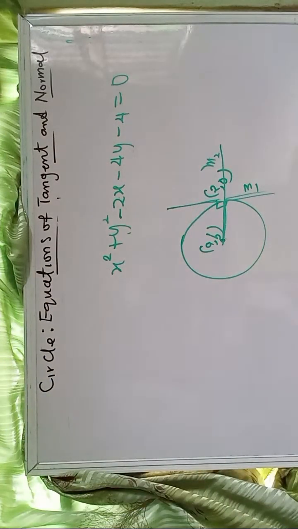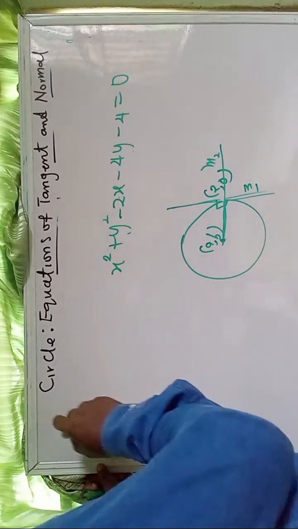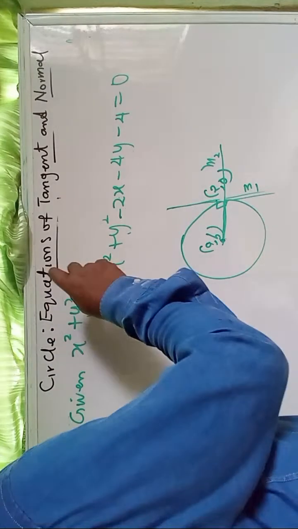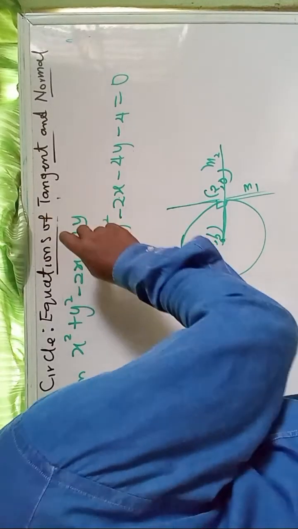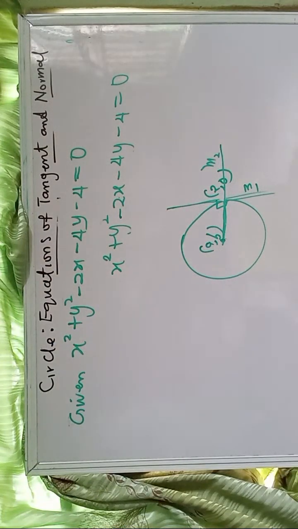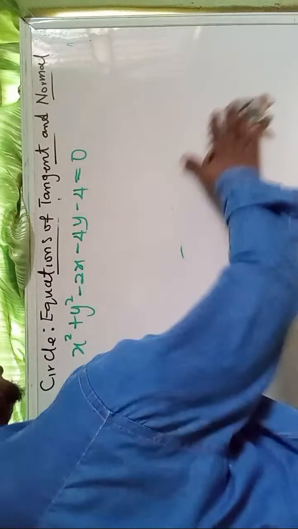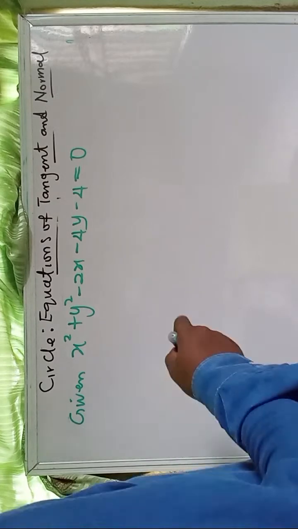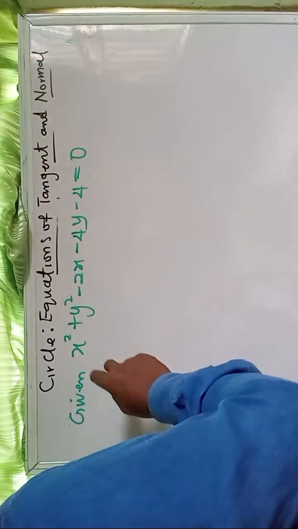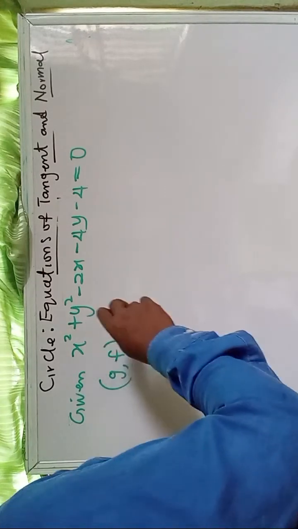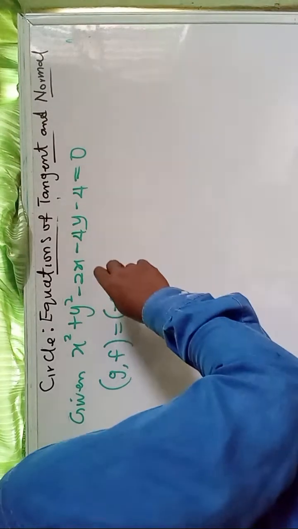So let us write this. We are given x squared plus y squared minus 2x minus 4y minus 4 equals 0. From here, you know that the center g comma f is equal to minus a, minus b.